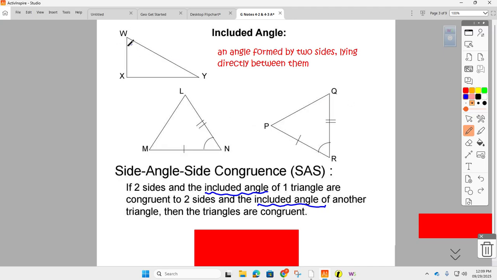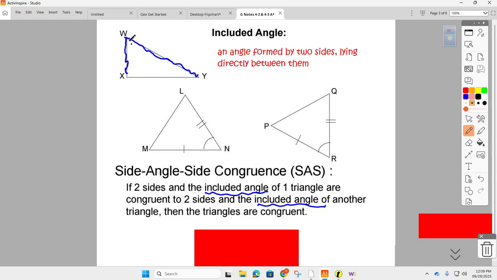So this triangle, we're looking at angle X. The sides that create angle, I said angle X and I put it down as W. I meant angle W. The sides that create that angle, so two segments meeting at a vertex create that angle. So this side and this side, together, when those sides meet, they form this angle W, right? So the angle formed by two sides lies directly in between them. So this angle is in between the two sides.